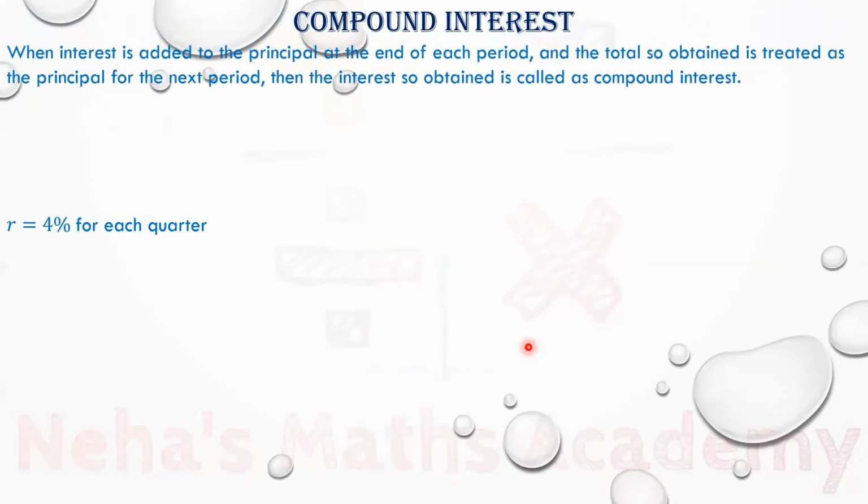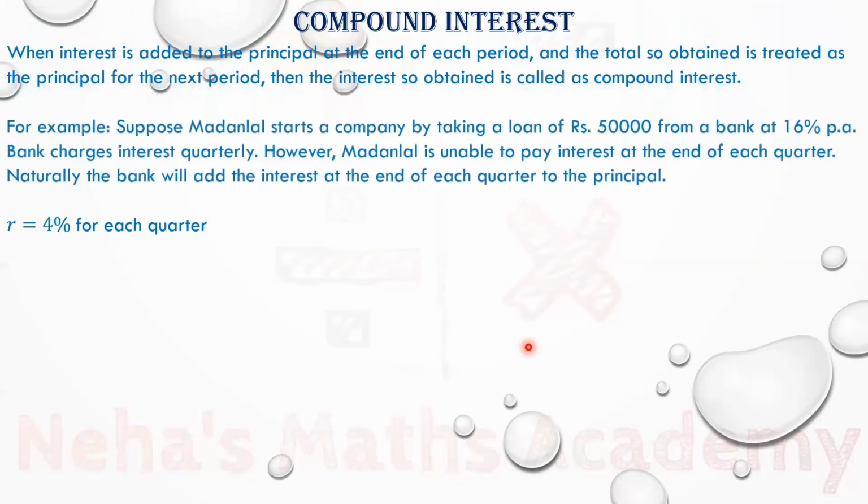Next is compound interest. When interest is added to the principal at the end of each period and the total so obtained is treated as the principal for the next period, then the interest so obtained is called compound interest. Read this definition carefully.